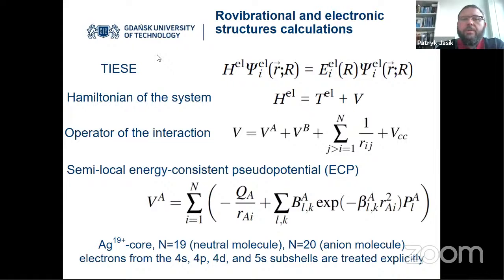We have to solve the time-independent electronic Schrödinger equation with pseudopotentials, which are described by this equation. In our calculation, we used a small-core pseudopotential. So it means that we have to treat explicitly 19 electrons for the neutral molecule and 20 for the anion molecule.